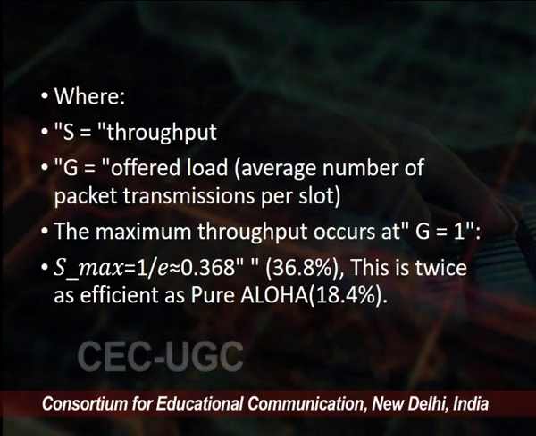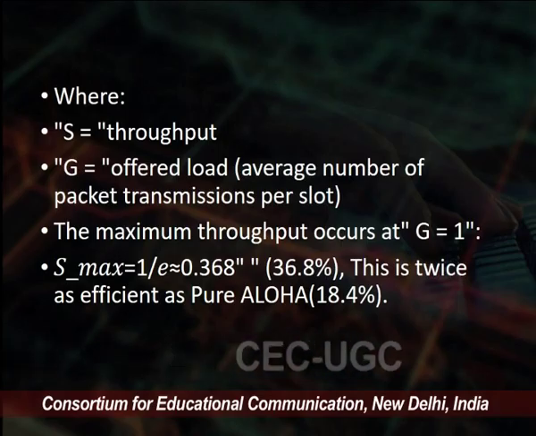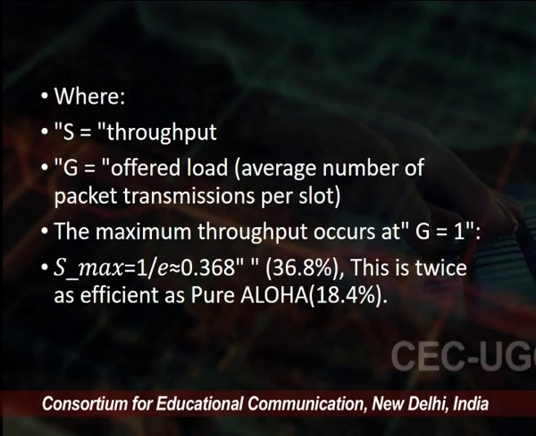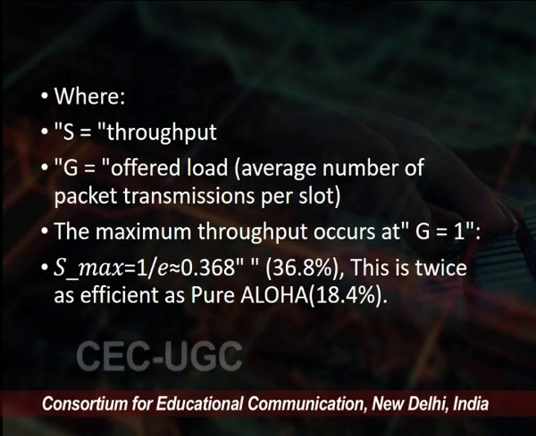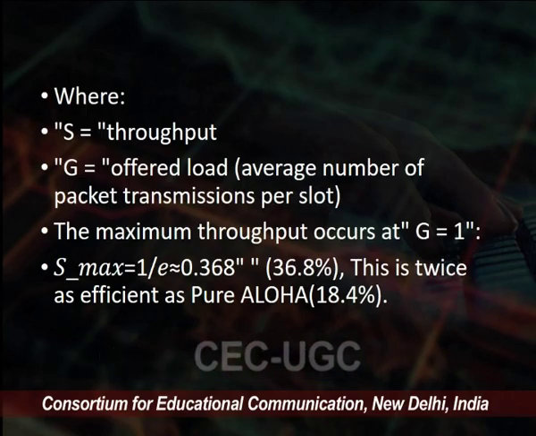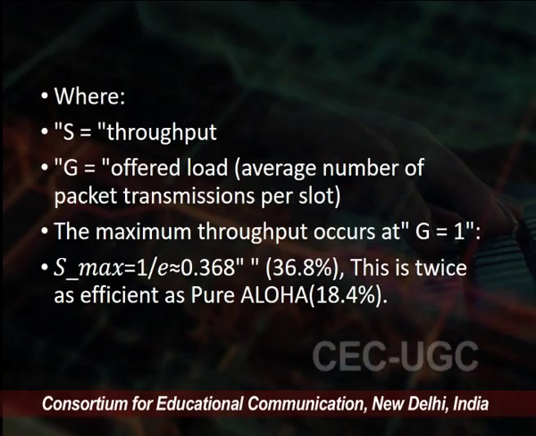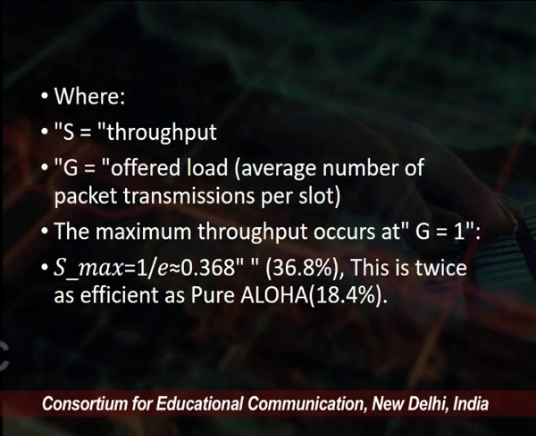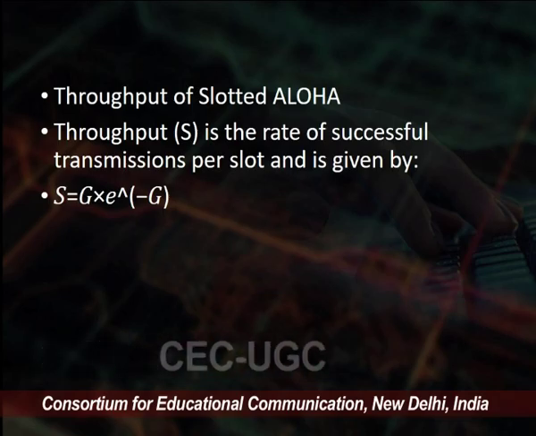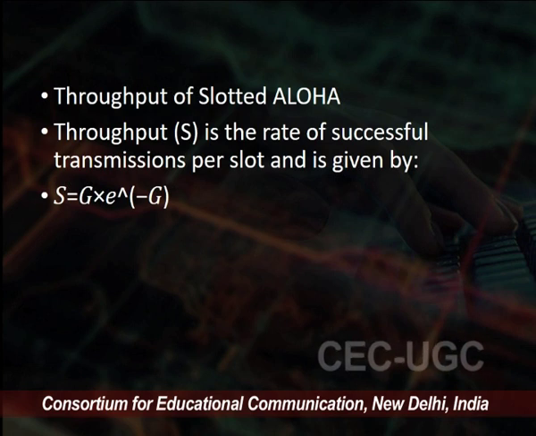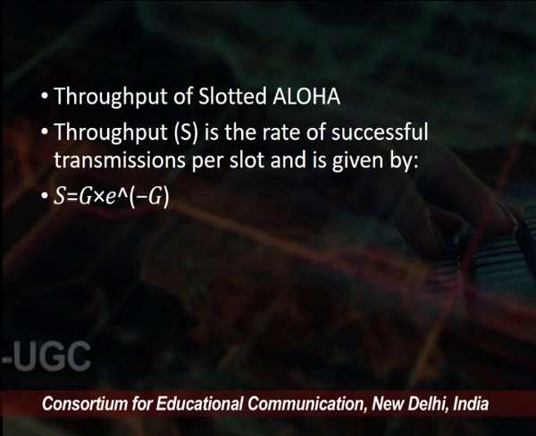S, as I have told you, is the throughput, and G is the offered load, in the sense of the average number of packet transmissions per slot. Then maximum throughput occurs at G = 1, and when we put the value of G as 1 in the formula S = G e^(-G), how this formula has arrived, we have seen in pure ALOHA.